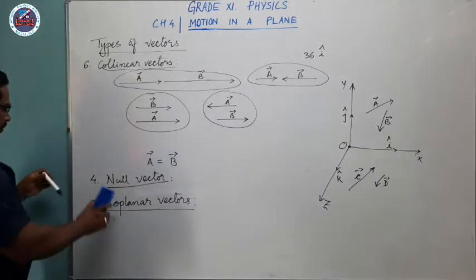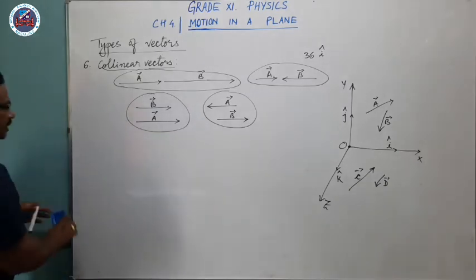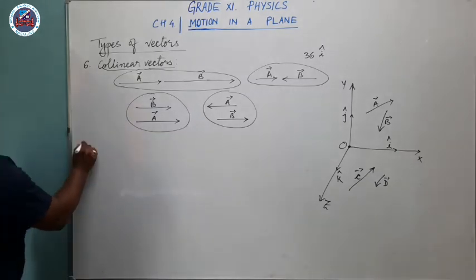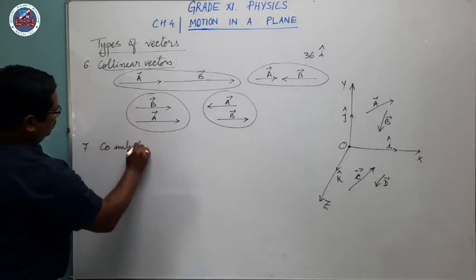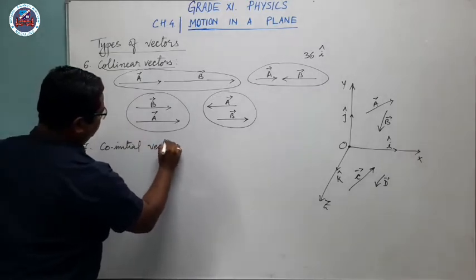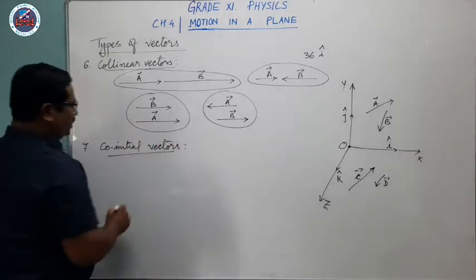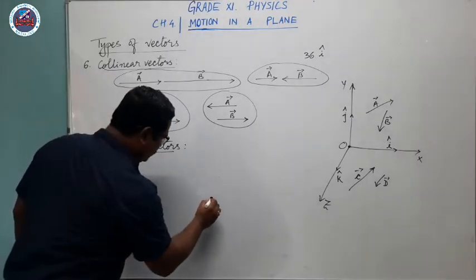Then let us see the seventh one, coinitial vectors. Number 7, coinitial vectors. Coinitial vectors are those vectors which start from the same point.